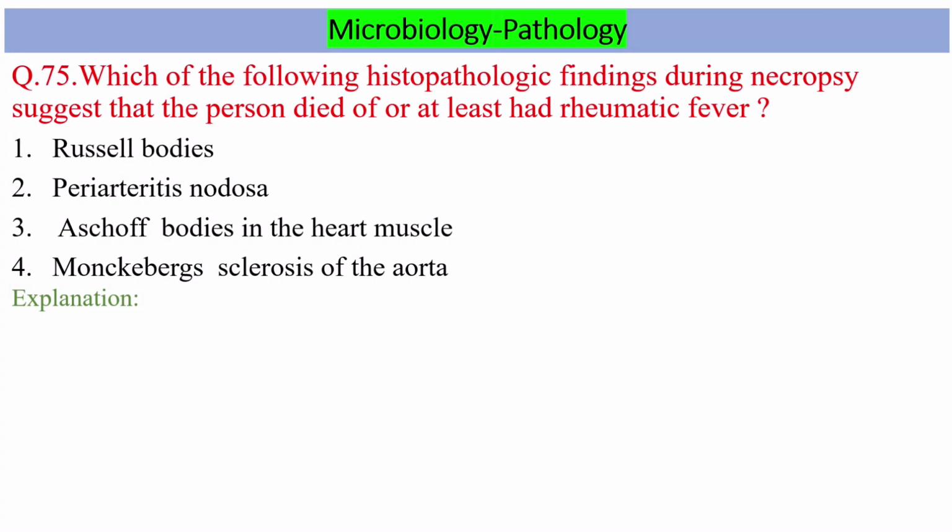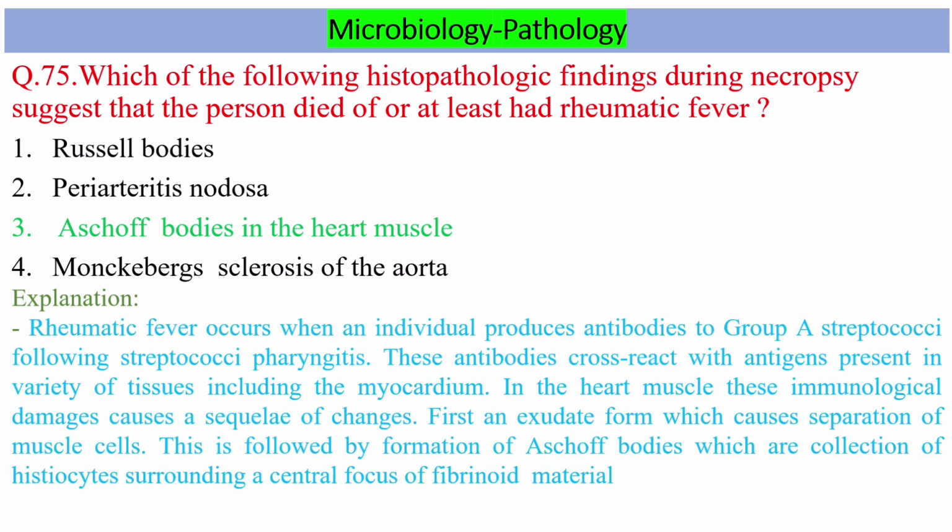Which of the following histopathologic findings during necropsy suggest that the person died of or at least had rheumatic fever? Russell bodies, periarteritis nodosa, Aschoff bodies in the heart muscles, Monckeberg's sclerosis of the aorta. Correct option is Aschoff bodies in the heart muscles. Rheumatic fever occurs when an individual produces antibodies to group A streptococci following streptococcal pharyngitis.